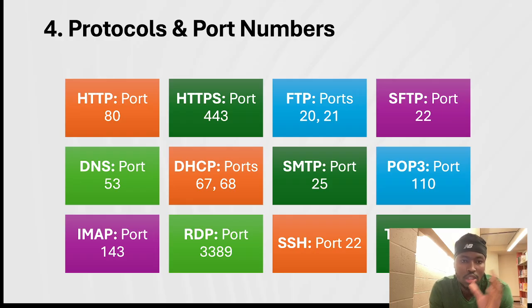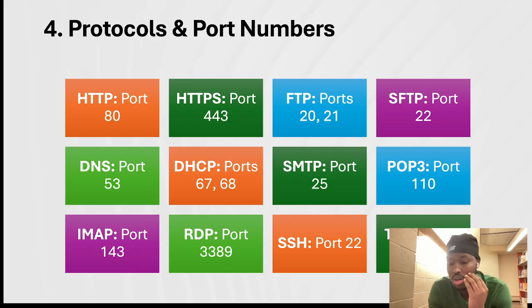Moving on, these are the protocols and the port numbers that go with them. I don't want to go through them all, but they are right here. HTTP uses port 80. HTTPS is the secure version of the first one, and it uses 443.